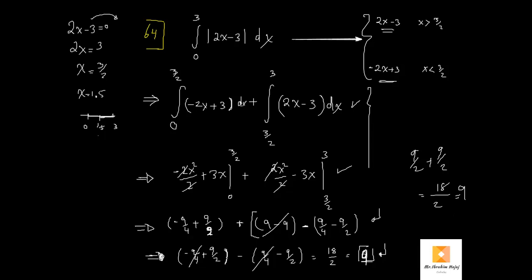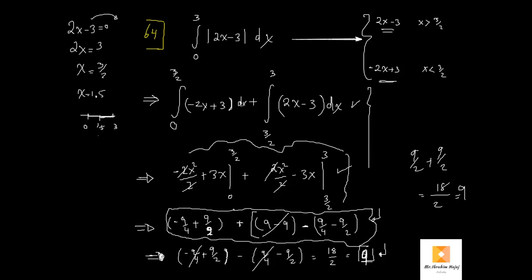Okay, the first part from 0 is negative 2x plus 3, and the second part is correct, 2x minus 3. Evaluate this all in the calculator.